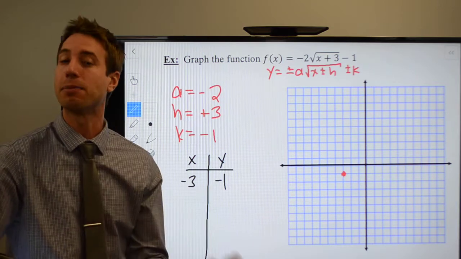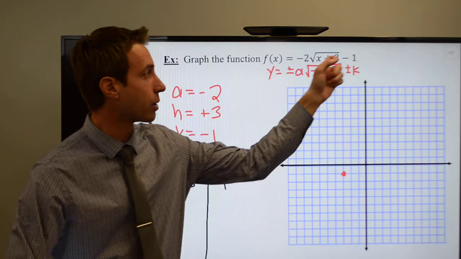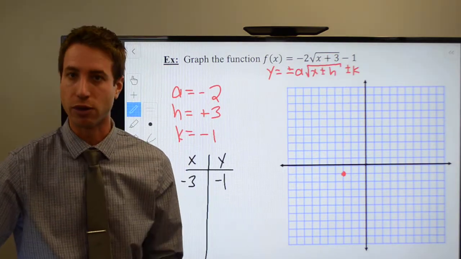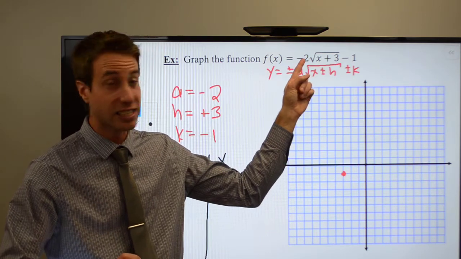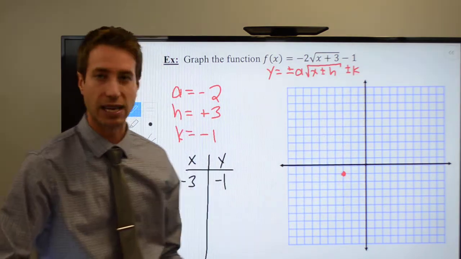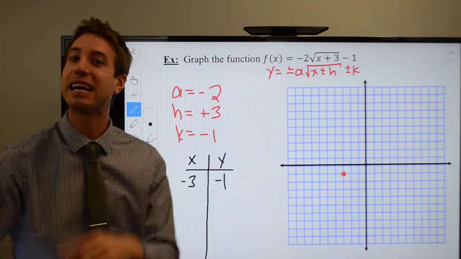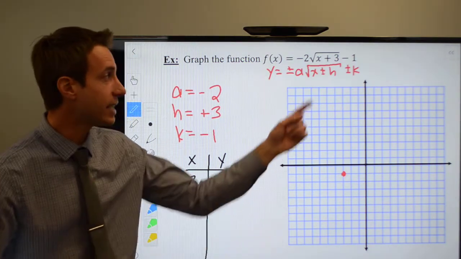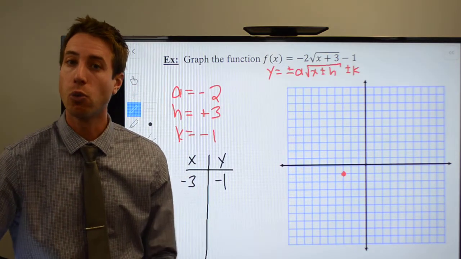All right, my next perfect square, right? Well, I've already done the perfect square where I would get 0. If I plug a -3 in, -3 plus 3 is 0. Square root of 0 is 0. 0 times -2 is still a 0. And 0 minus 1 is -1, right? So this was by using the perfect square of 0. My next one is 1. So I need to figure out how to make x plus 3 equal to 1.